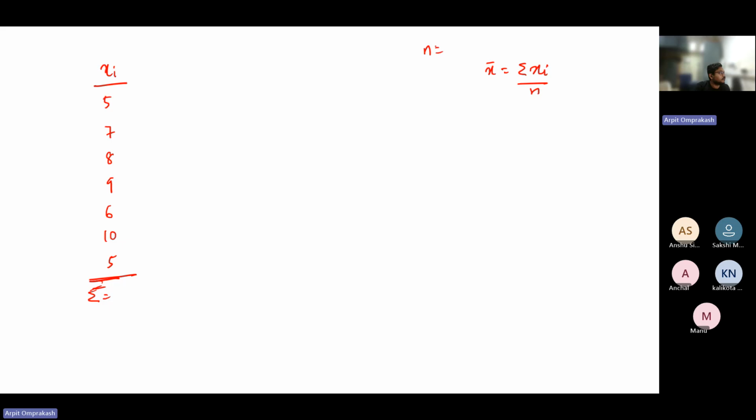And here n is 1, 2, 3, 4, 5, 6, 7. So 7. The sum is 50, divided by 7, which is 7.14.